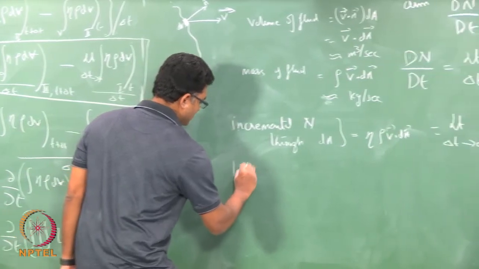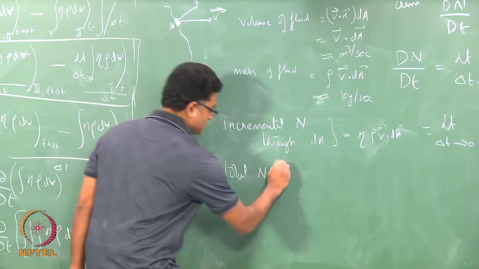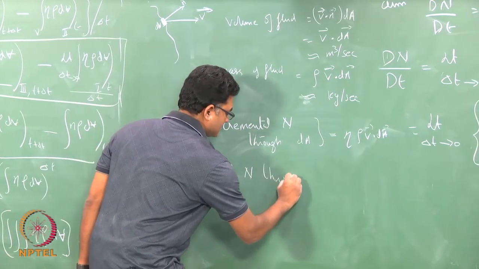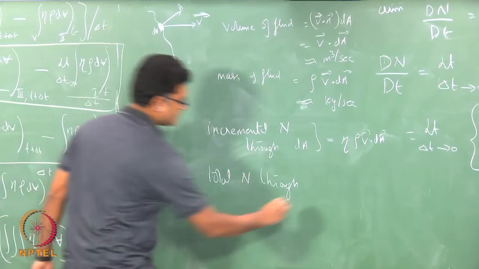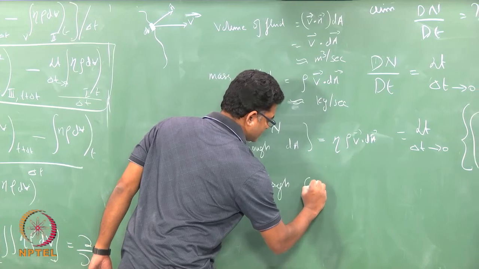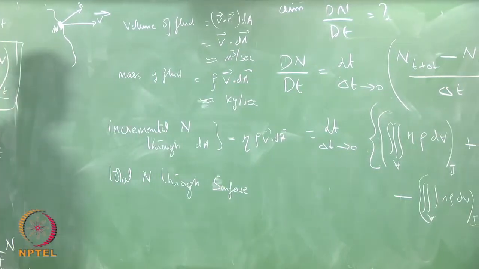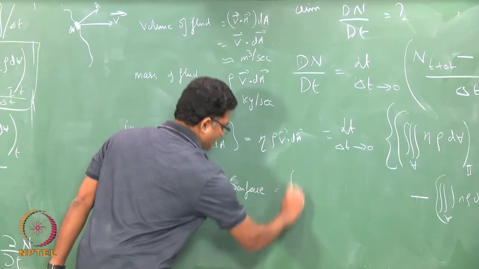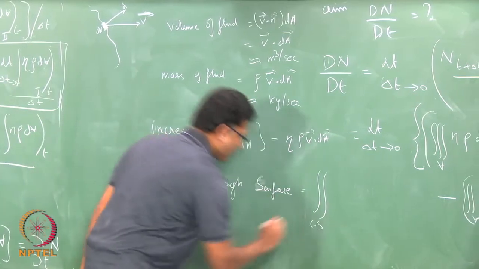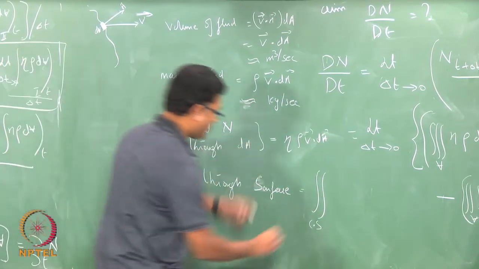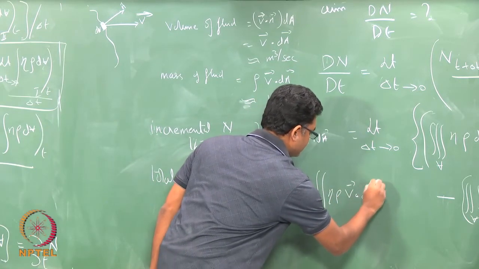So, the total N through the entire surface is the double integral over the full control surface of this quantity, eta rho V dot dA.